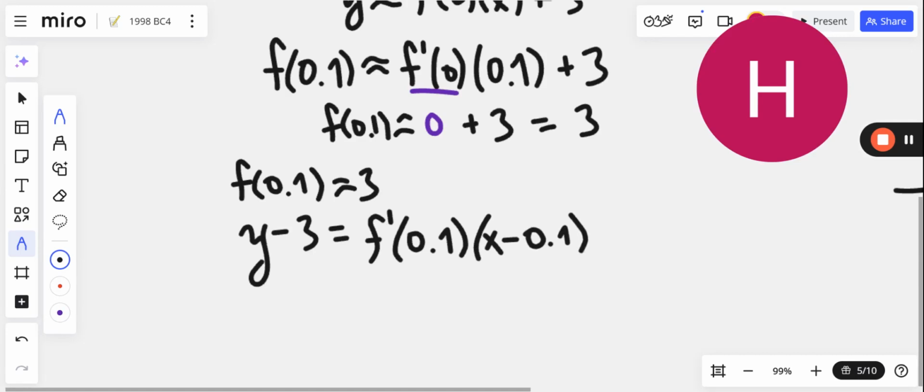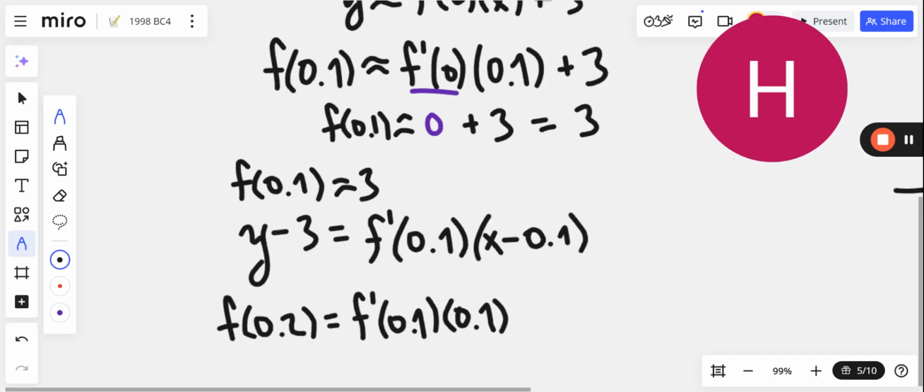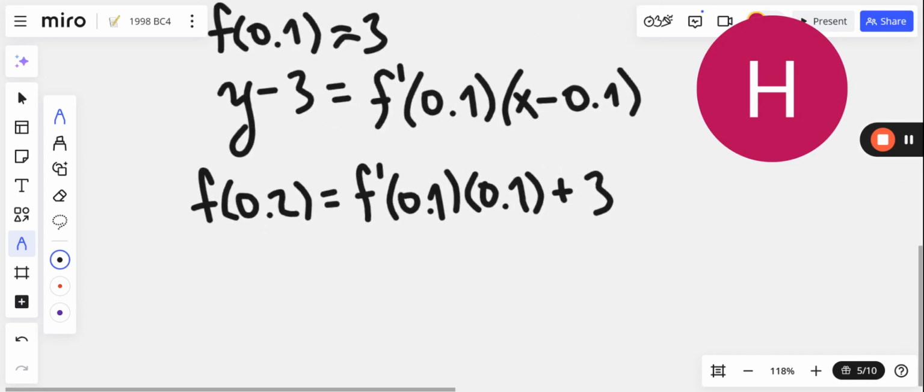Okay, so if we're trying to approximate f of 0.2, that's going to be the derivative at 0.1 times 0.2 minus 0.1, which is also just 0.1, plus 3.